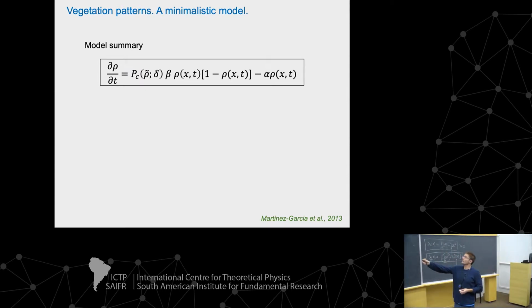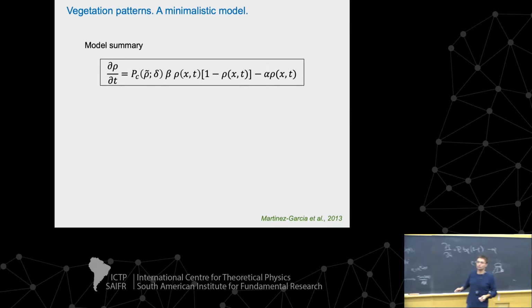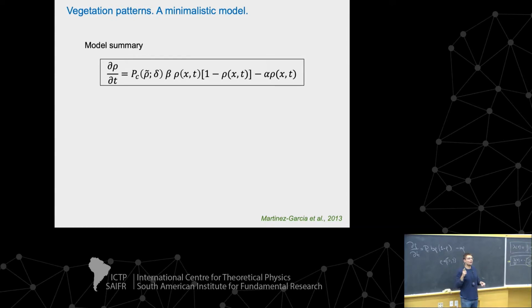The question is why this probability depends on rho tilde, the non-local density as we had here. Why does that probability depend on that instead of on the local density? One of the assumptions that we made is that the competition for water, in this case, is mediated by the roots.